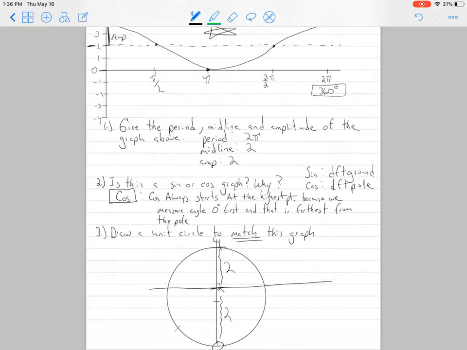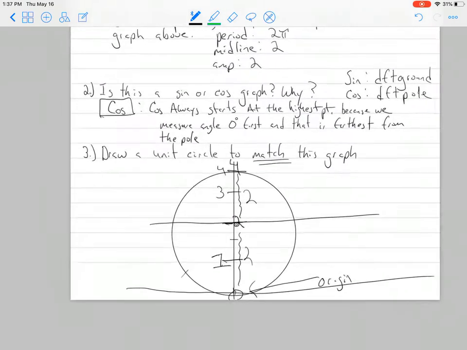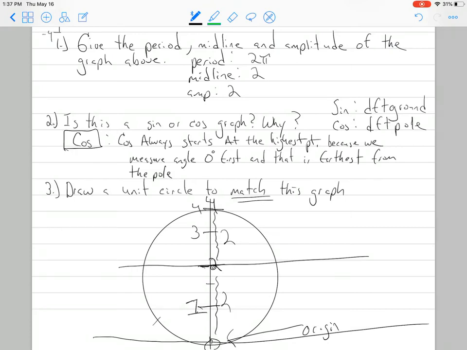Again, this is not to scale, so here's my origin, way down here. This is 0, this is like 1, this is like 2, this is like 3, and this is 4. So my scale is bad, but hopefully you get the idea. 0, 1, 2, 3, and 4. And let me stop.